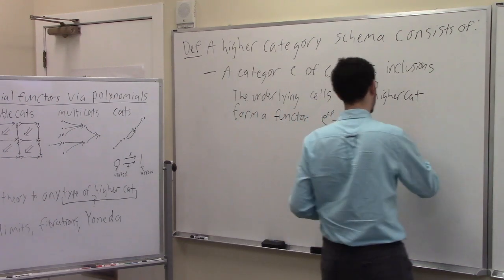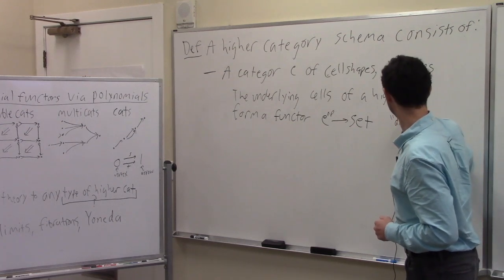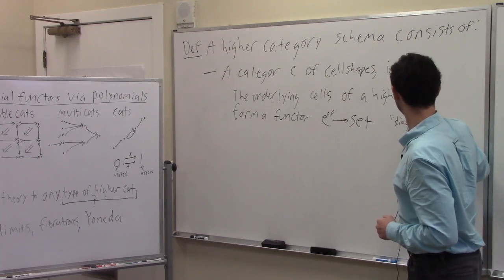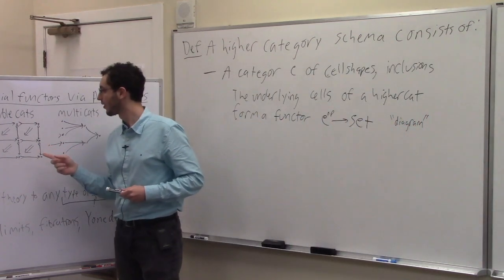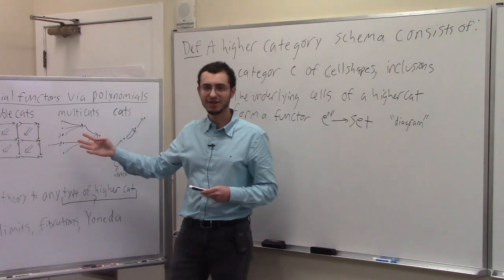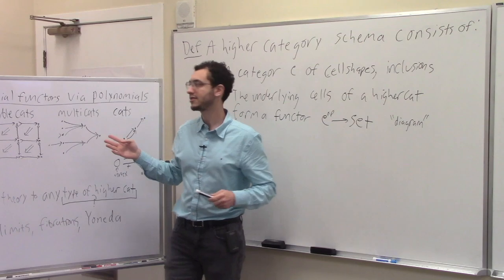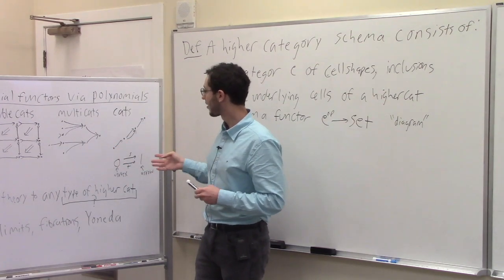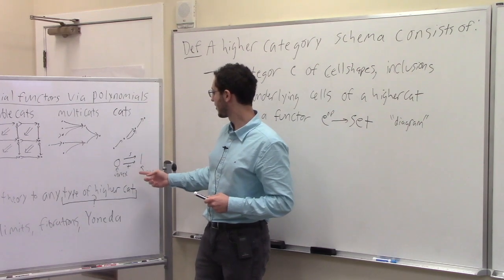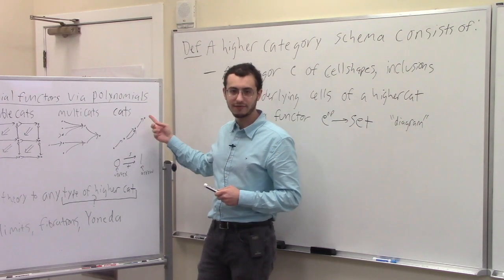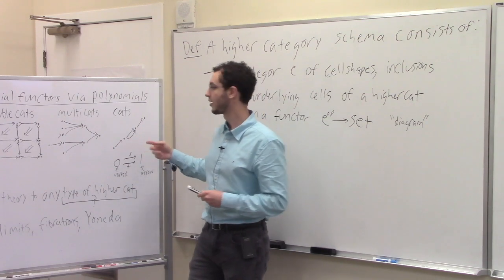I'm often going to call these diagrams. And so the way to think about this is that over here, each of these arrangements of cells is one of these diagrams. And I'll say more in a second about other ways that we can think about them. But here we have a diagram of vertices and arrows. We have a set of vertices and a set of arrows.